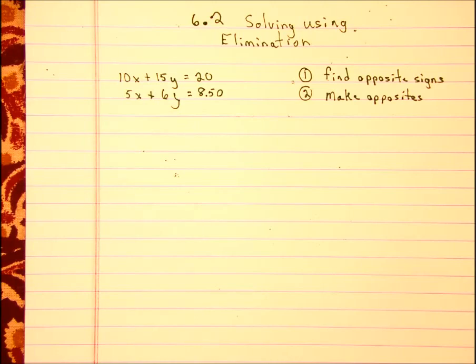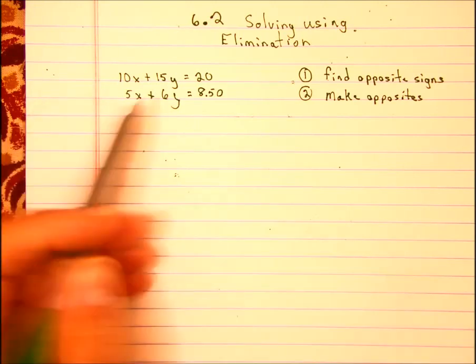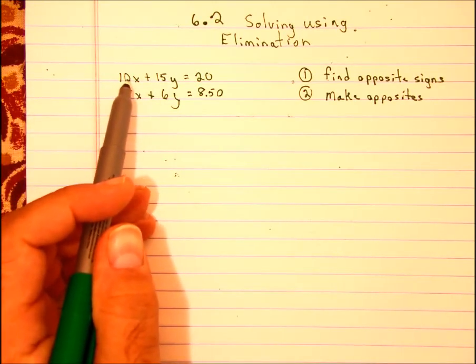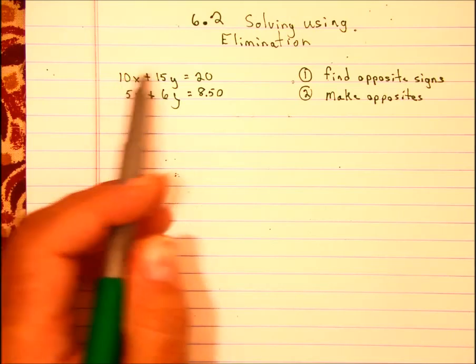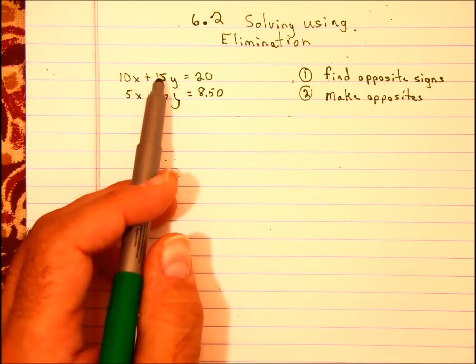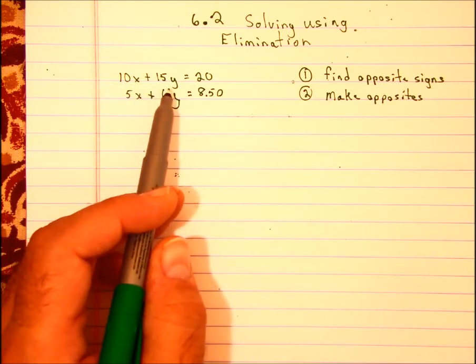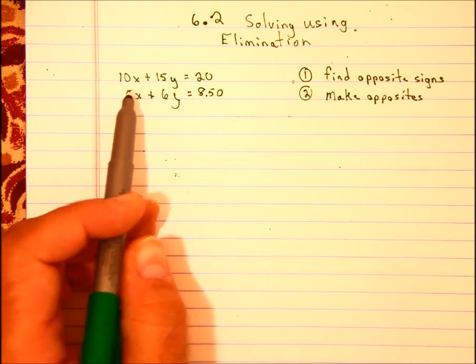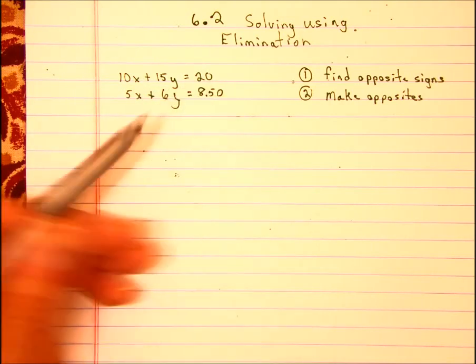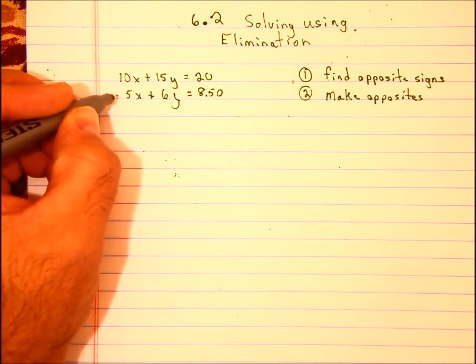So how am I going to make opposites? If this is 10x, what's the opposite of 10x? Negative 10x. 15y, what's the opposite of 15y? Negative 15y. Which one is going to be easier to make opposites? Hopefully you're answering in your head, 5x is easier to make opposite.